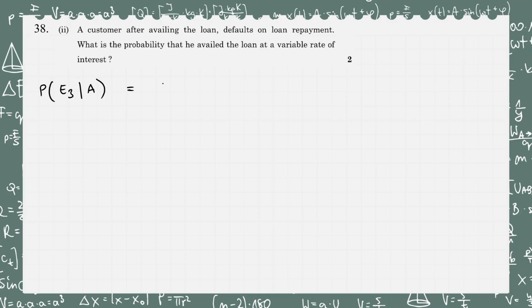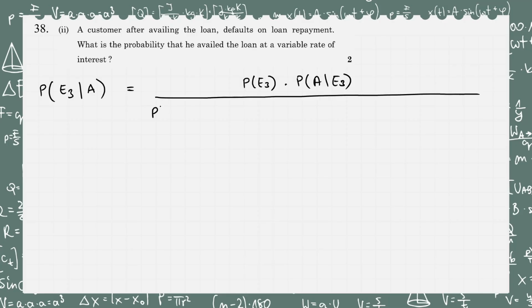So applying Bayes theorem, this will be written like P of E3 into P of A given E3 divided by P of E1 into P of A given E1 plus P of E2 into P of A given E2 plus P of E3 into P of A given E3.